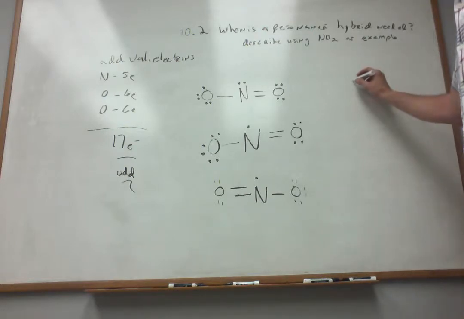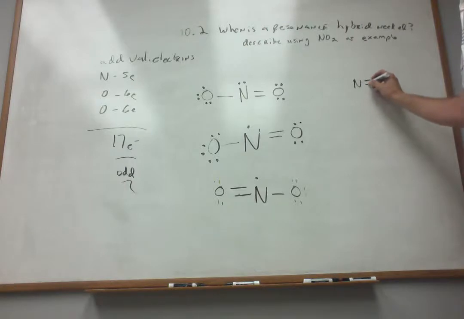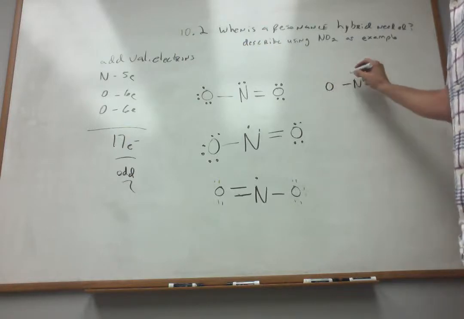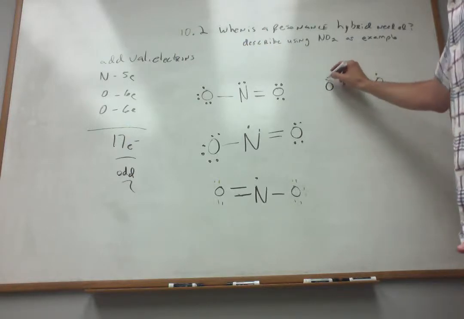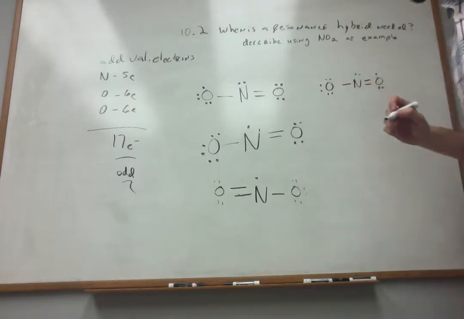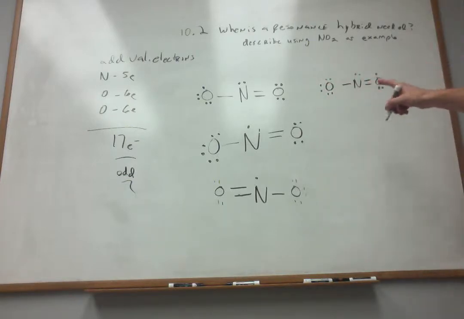Maybe I'll do even something like this. I mean, I'm just kind of brainstorming ideas here. Something like that, where now I steal the electron from the double bonded oxygen and put it on the central nitrogen.